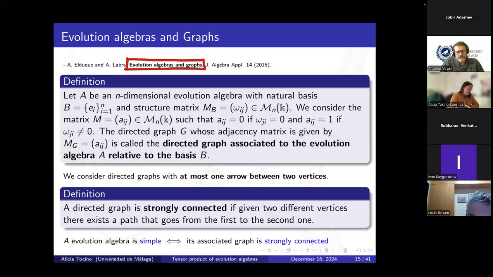So we have an evolution algebra, a natural basis, a structure matrix, and the structure constants, and we want to construct the adjacency matrix. How do we construct this? The elements in this matrix are 0 if the structure constants are 0, and the elements are 1 if the structure constant is different from 0.